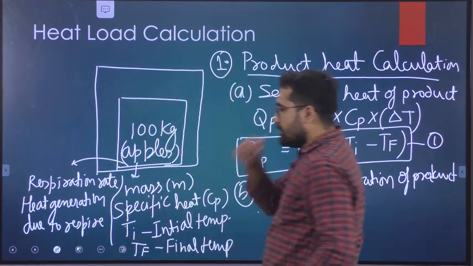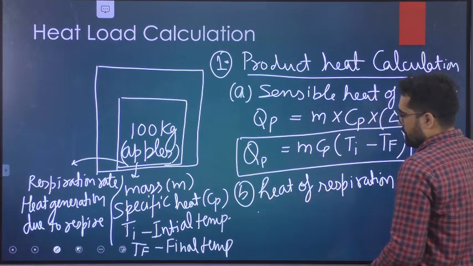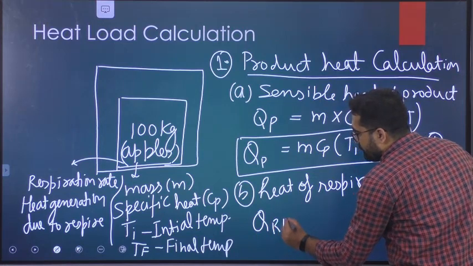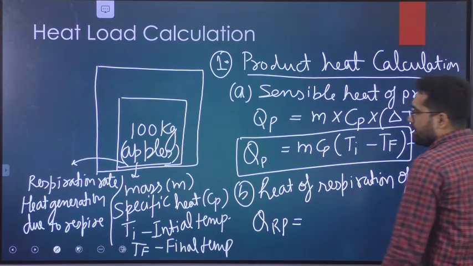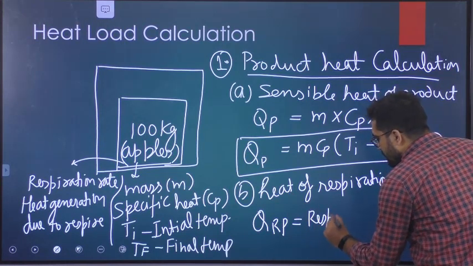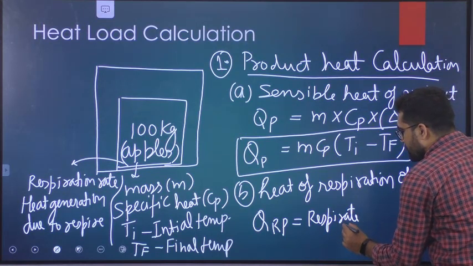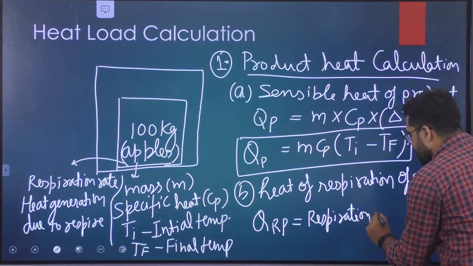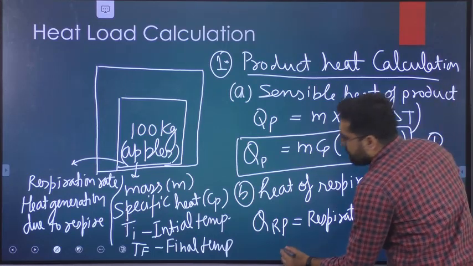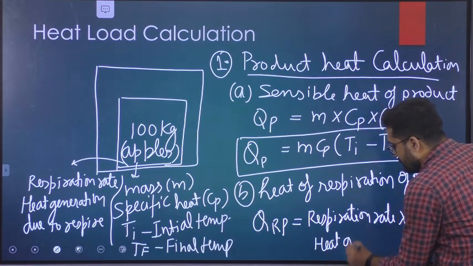When we multiply both, we will get QRP, the heat of respiration of product, which equals respiration rate multiplied by heat generation.